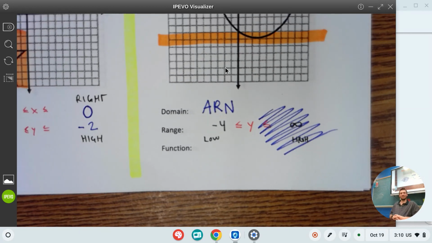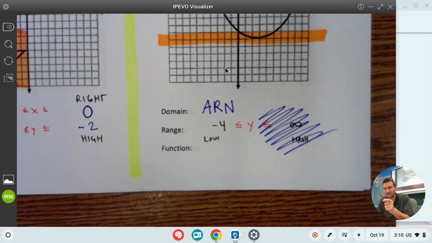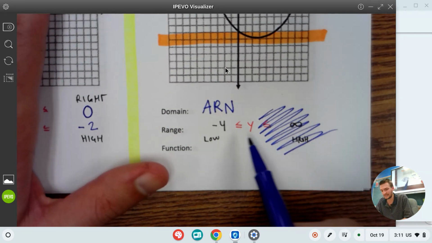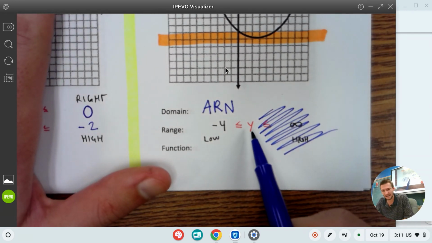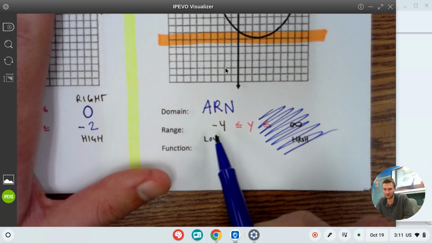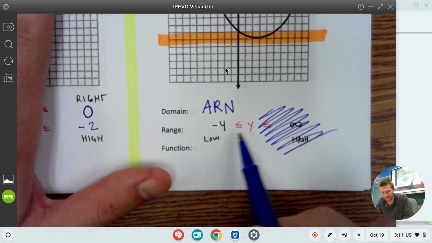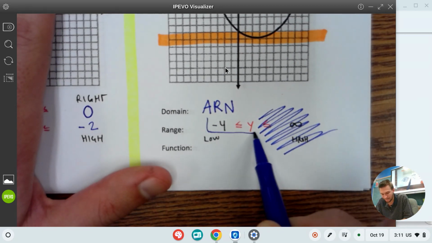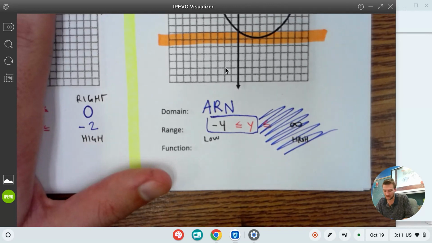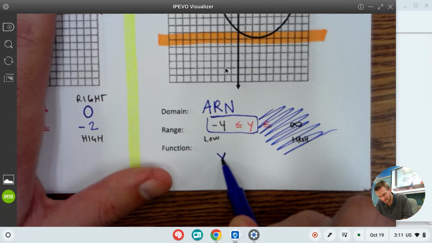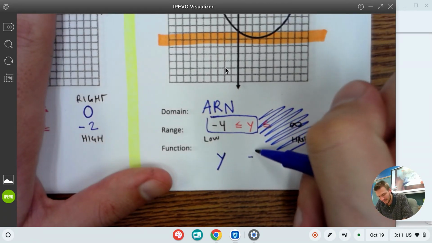The reason that we did that is because I'm not making you do extra work for no reason. The reason that we have to do this is because the y has to come first. And you see how it's set up right here? The y is not coming first. So we have to write this like this. Y greater than or equal to negative 4.